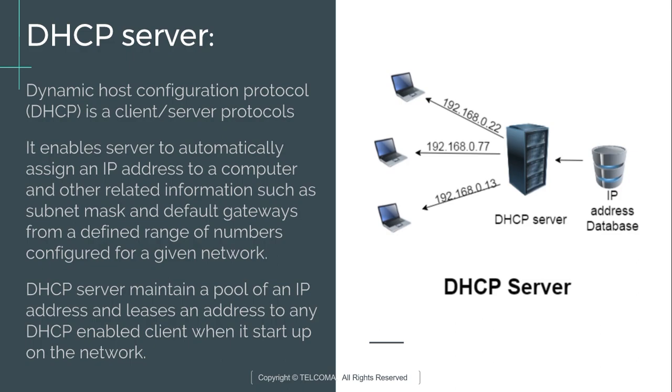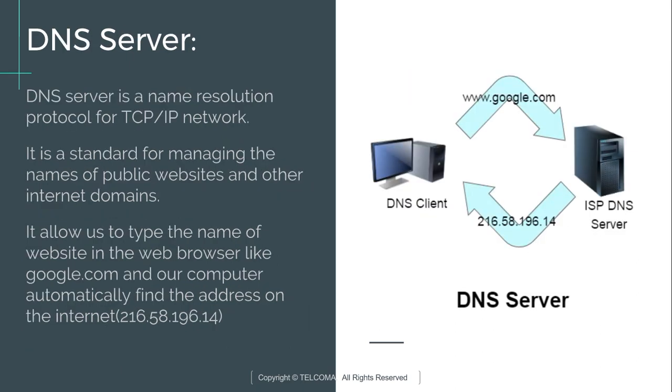Next is DNS server, which is domain name system server. A DNS server is a name resolution protocol for TCP/IP networks, and it is the standard for managing the names of public websites and other internet domains. Basically, it converts public website names into IP addresses.